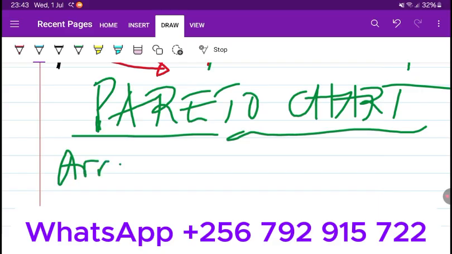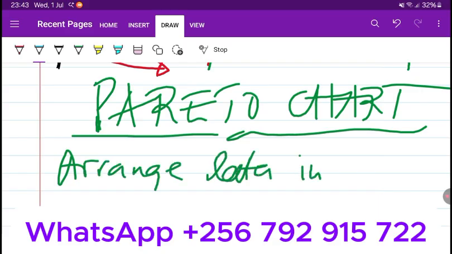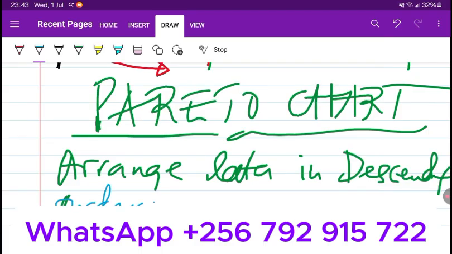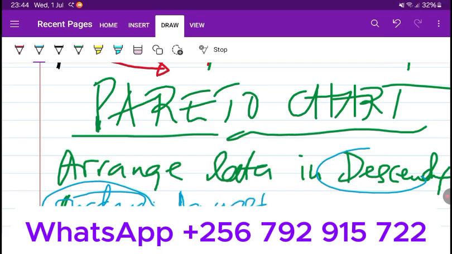We arrange data in descending order. We arrange in descending order from the largest to smallest. Then we plot.